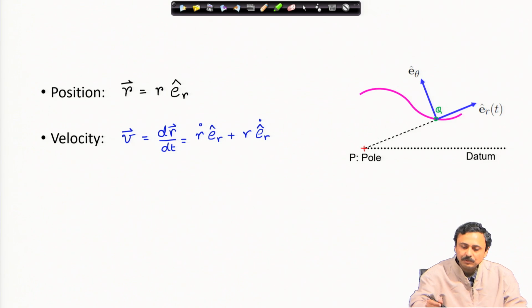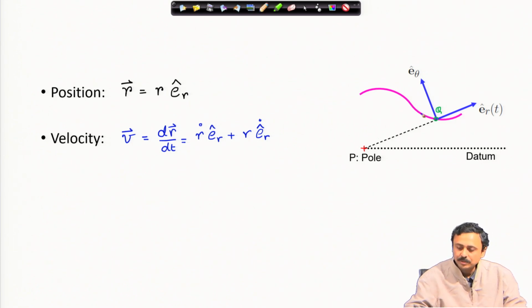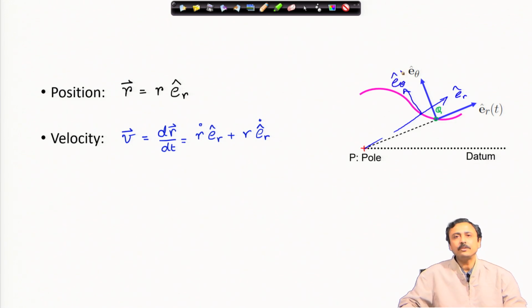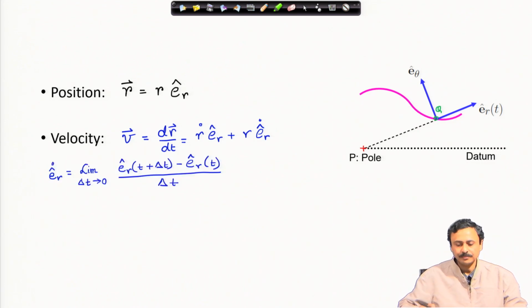Now, once again you will note that as the particle moves, the Er vector is changing direction, E theta vector is changing direction. Therefore, when I differentiate with respect to time, the frame vectors Er cap and E theta cap also will get differentiated, as I have shown you.